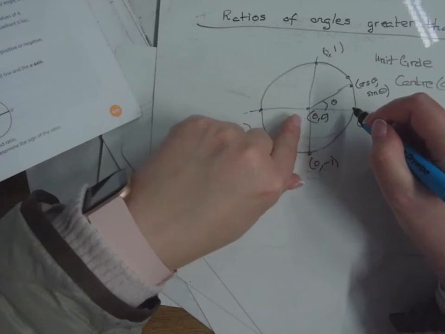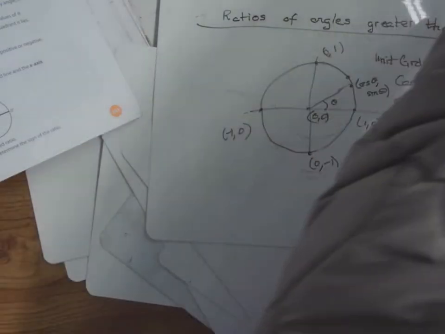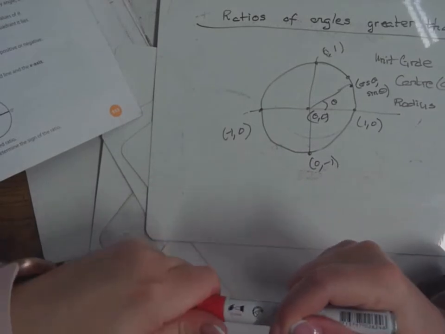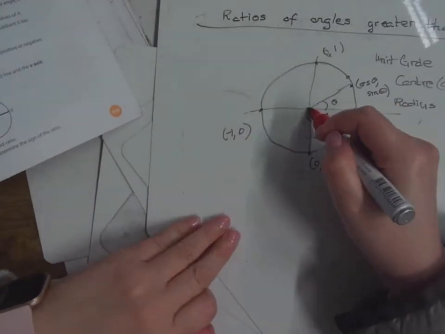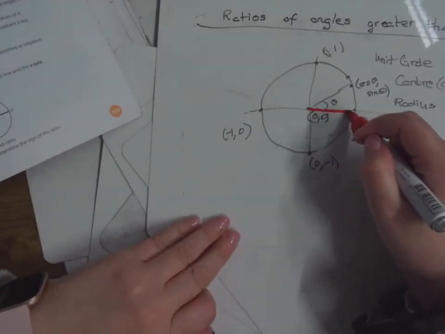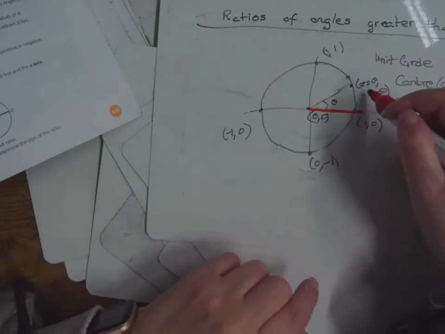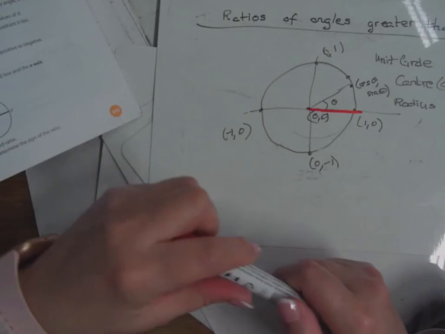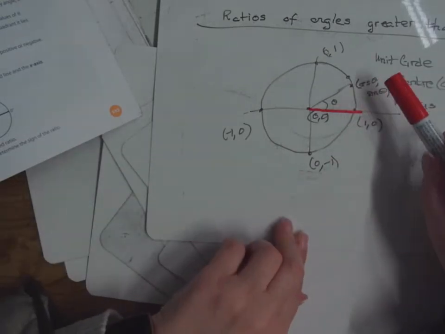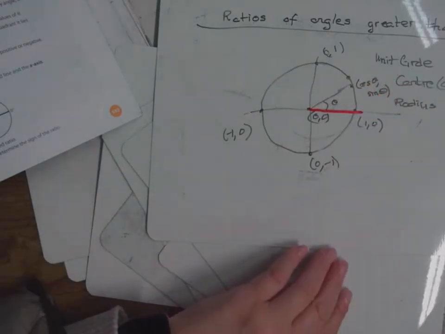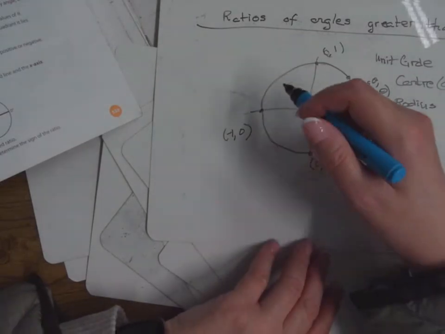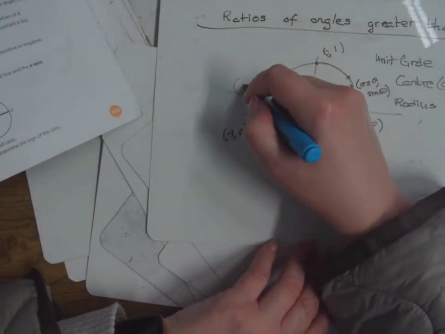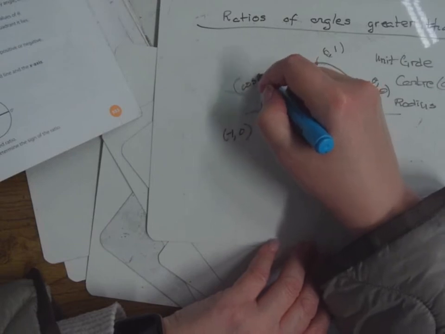What I mean by the positive x-axis, girls, is this line here. So that would be cos of theta, sine theta. If that angle was 40, you'd get cos of 40, sine of 40, that would be that point. If the point was over here, the point is cos theta, sine theta.